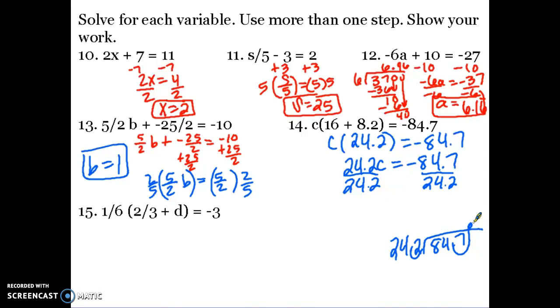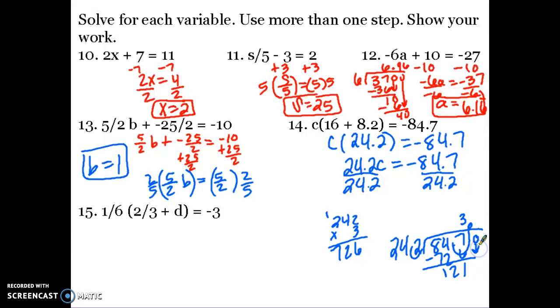242 will go into 847 3 times. 3 times 2 is 6. 3 times 4 is 12. 3 times 2 is 6, plus 1 is 7. 847 minus 726 is 121.